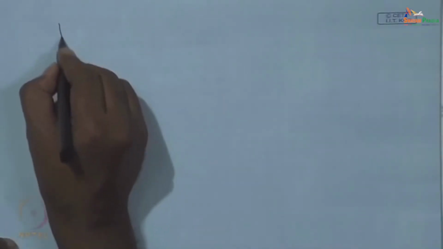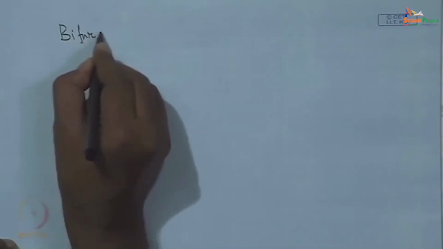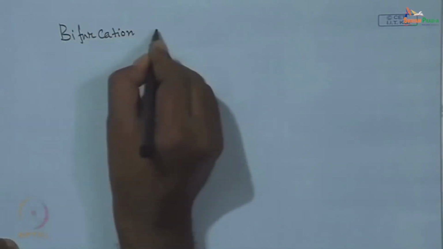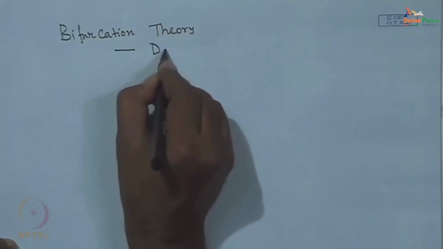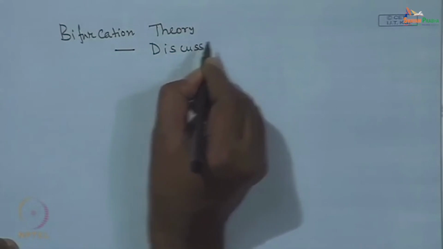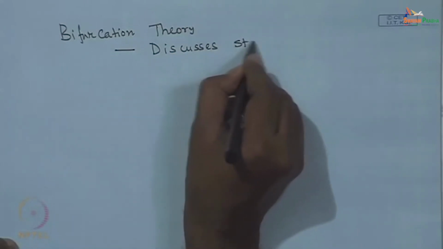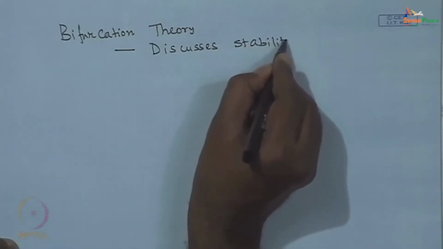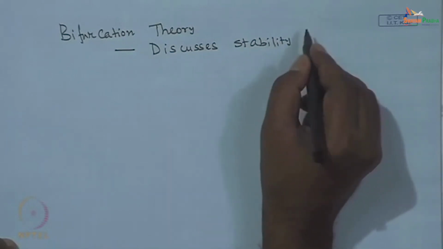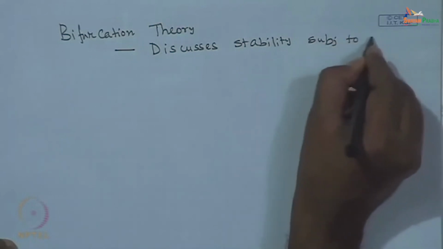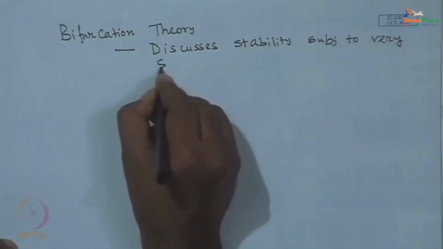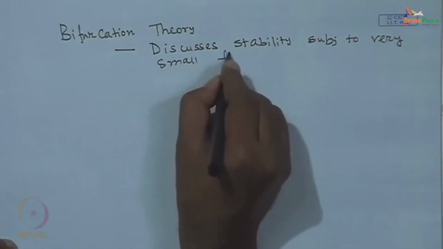So, what does a linear stability analysis or bifurcation theory do? Bifurcation theory has two functions. First, it discusses stability of the solution, stability subject to very small fluctuations.